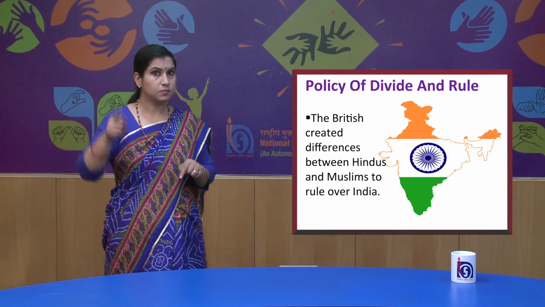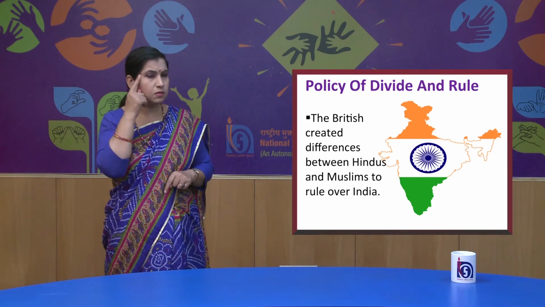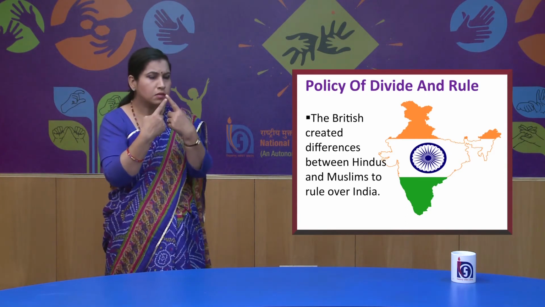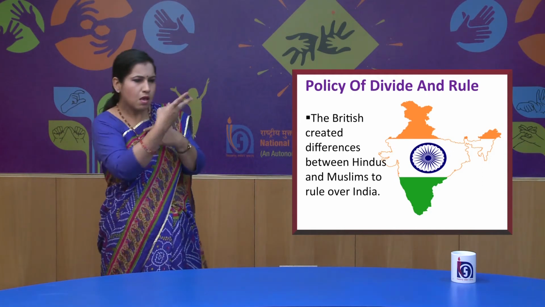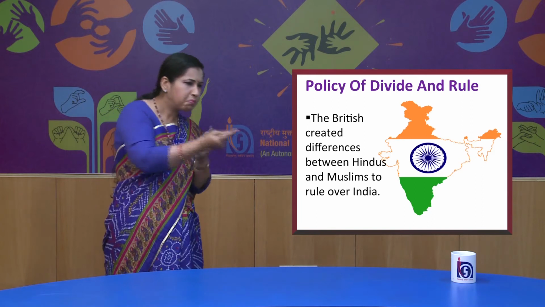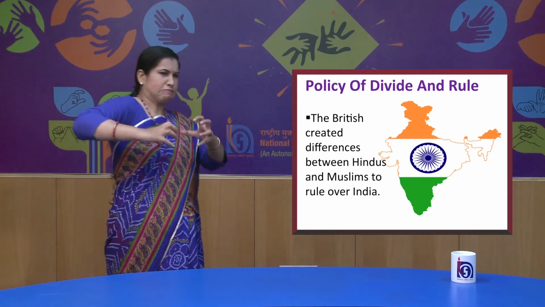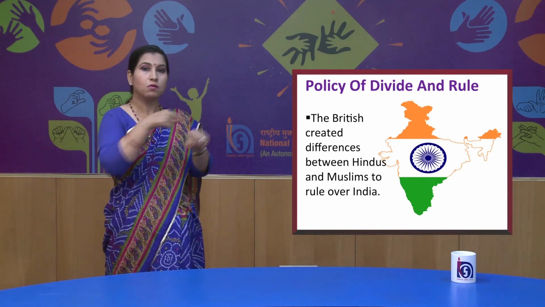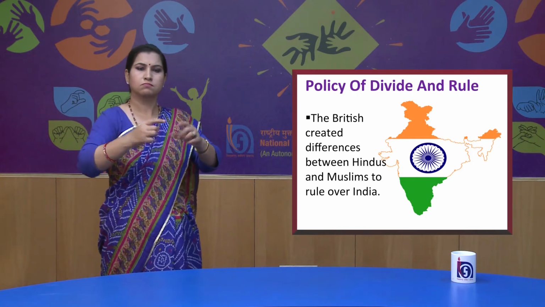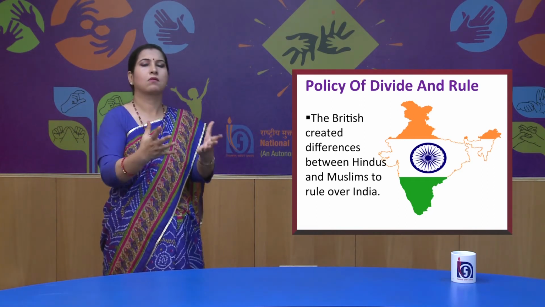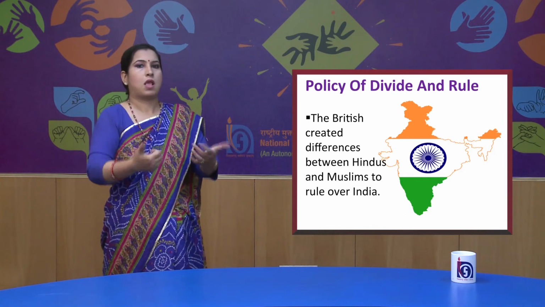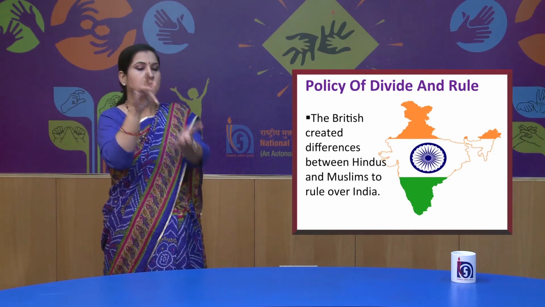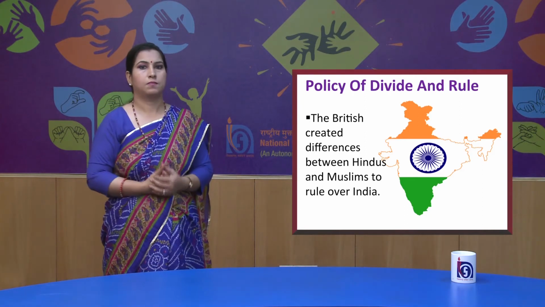Hence, they decided to create differences between Hindus and Muslims so that there could be enmity and the British government could get benefit and control over the country they were ruling.